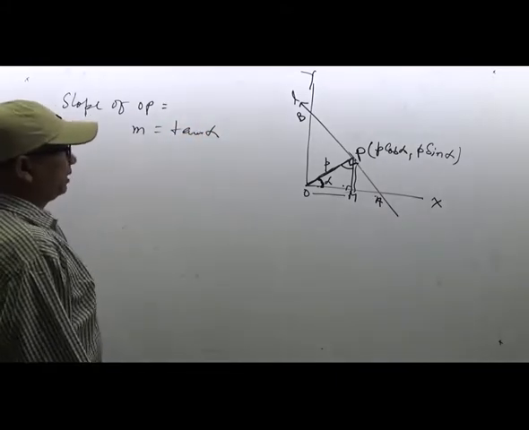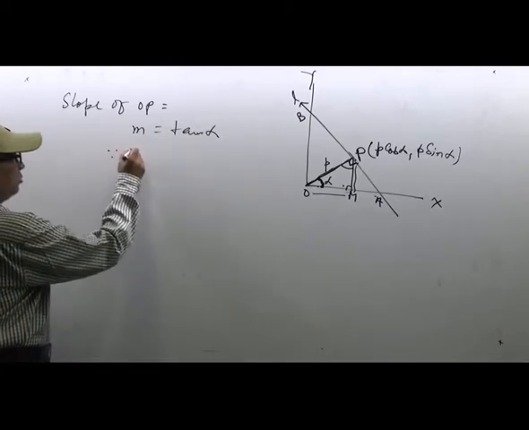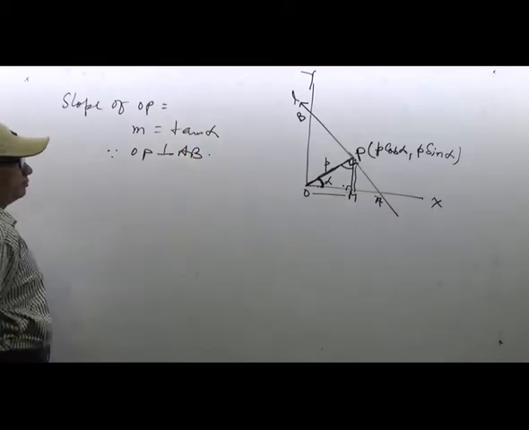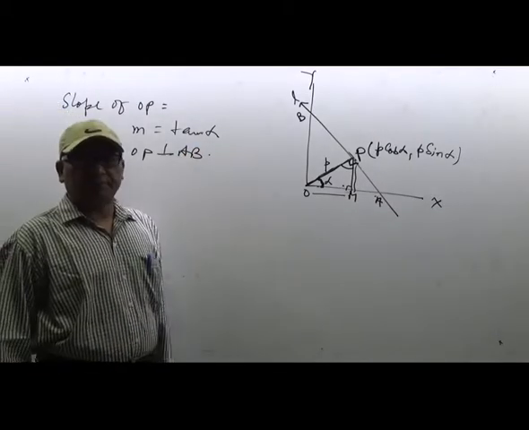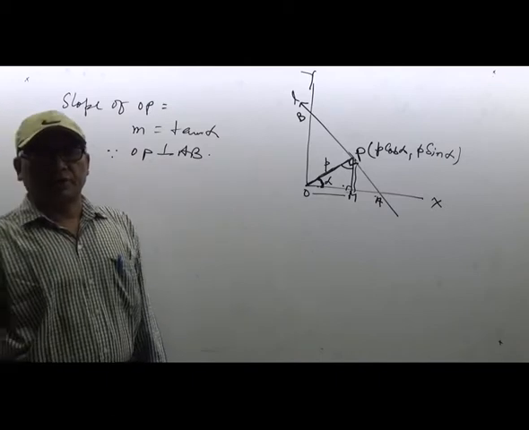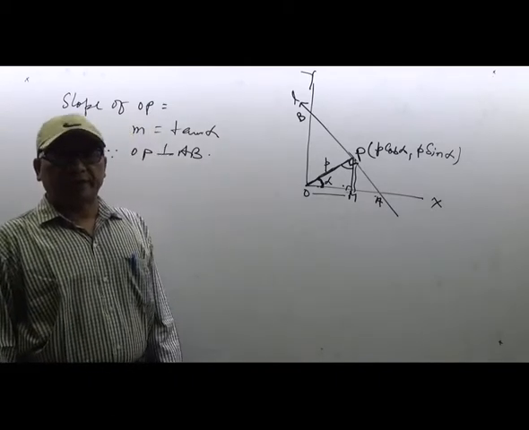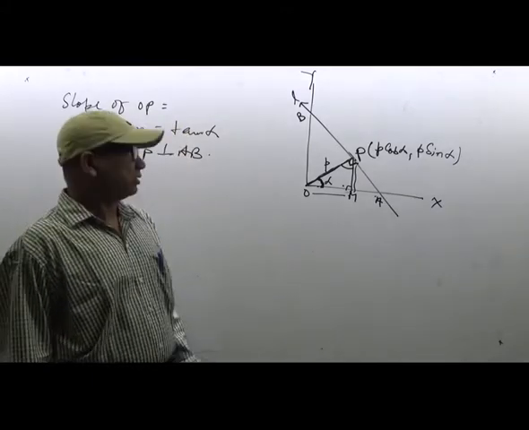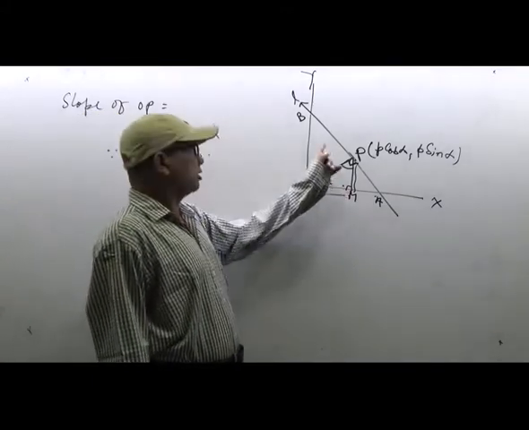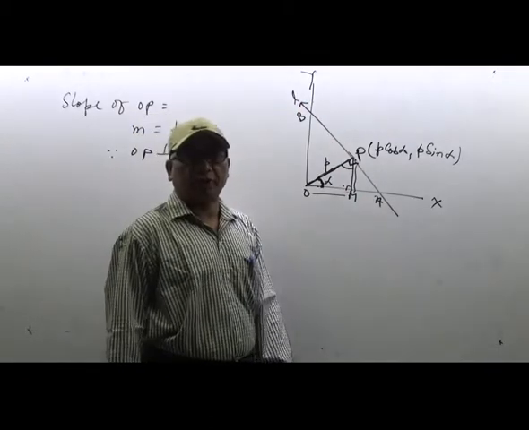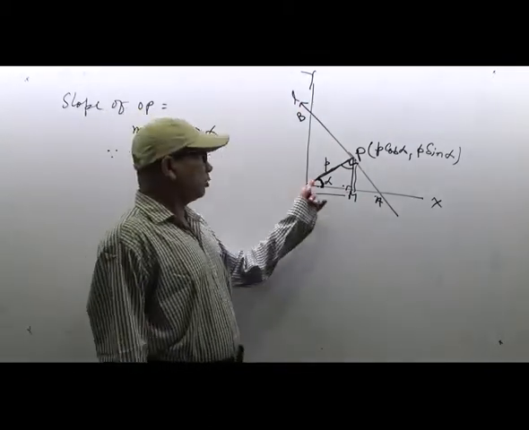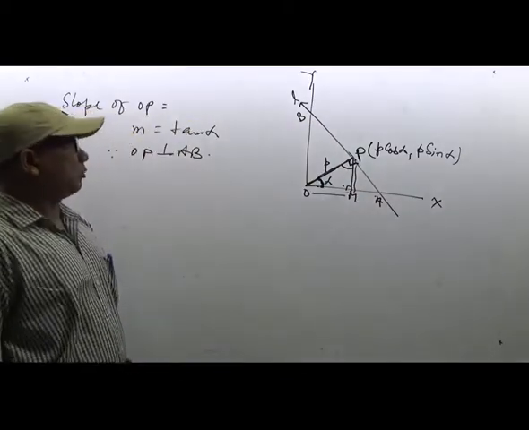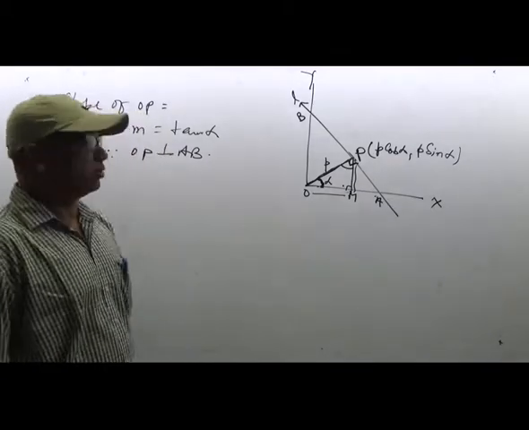Since OP is perpendicular on AB, on L, we know that when two lines are perpendicular to each other, the product of the slopes is equal to -1. The slope of OP is known, so we can find out the slope of AB. Because OP is perpendicular on AB, let us suppose that the slope of AB is M1.